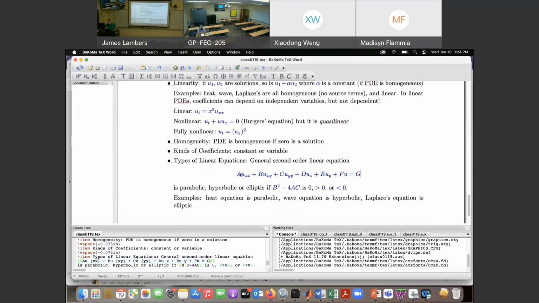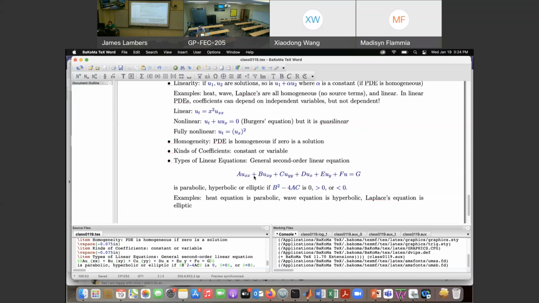So some coefficient times each of the second partial derivatives that you might have, and then plus coefficients times the first partial derivatives, and then plus a coefficient times the solution u itself, and then you have some possible source term on the right-hand side. So second order linear equations can be written in this form, where the coefficients A, B, C, D, E, F are not necessarily constant, although in examples of interest, they usually will be.